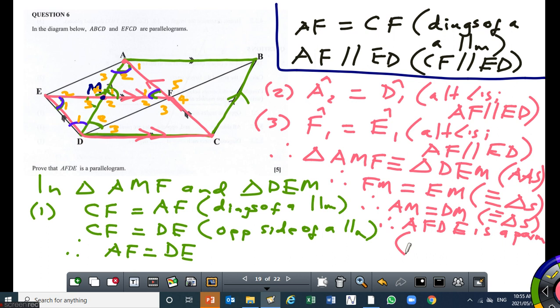Converse diagonals of a parallelogram. You can put the words in full, but I can just write, draw 2 parallel lines, 2 forward slashes and then an M, probably as a subscript if you like. And then you are done.